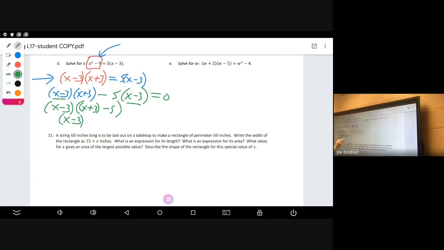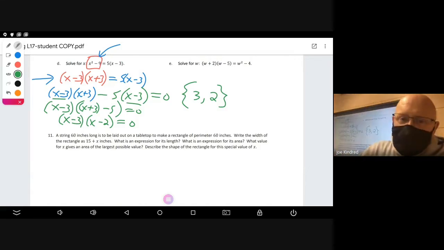There's no more x, plus 3 minus 5 minus 2 equal to 0. And my answers, two solutions, 3, 2. So this is the last problem we're going to show. Again, solving by factoring. There you go.